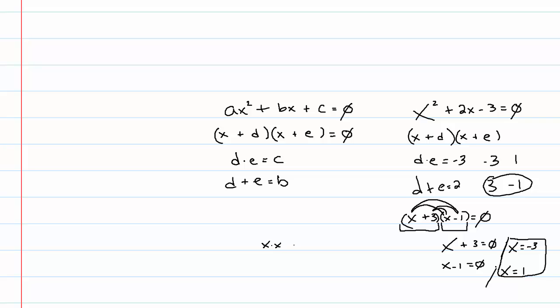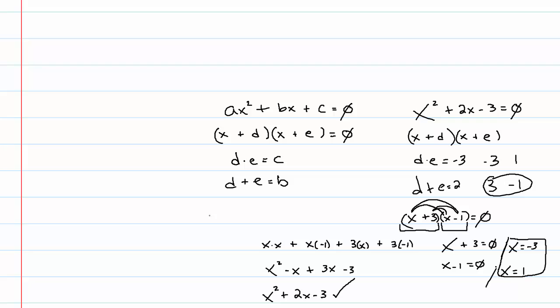Then we need to add x times negative 1, then add 3 times x, then add 3 times negative 1. This should give us x squared minus x plus 3x minus 3, or x squared plus 2x minus 3, which checks our work.